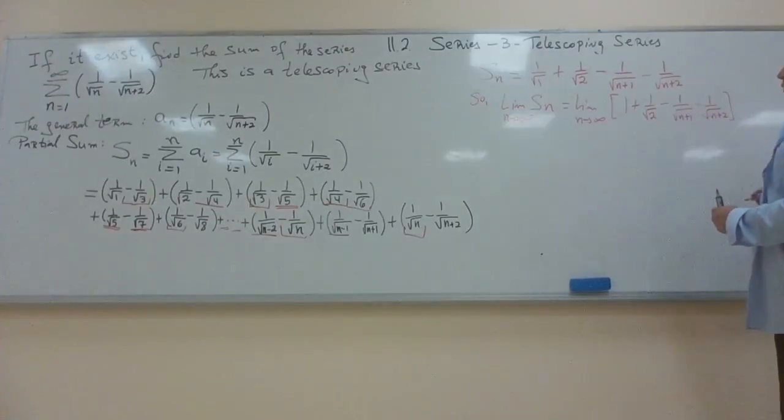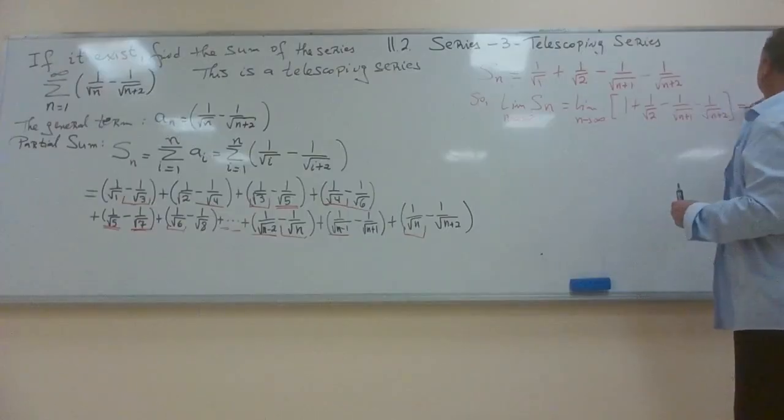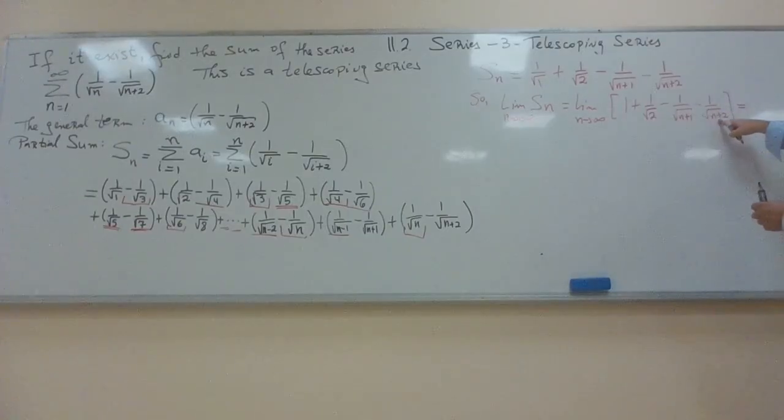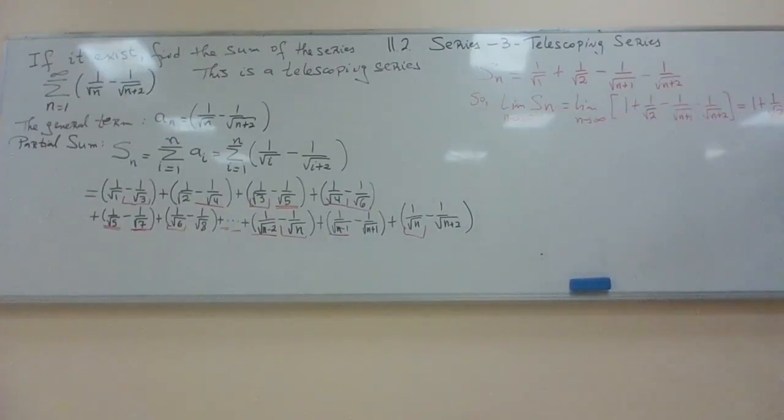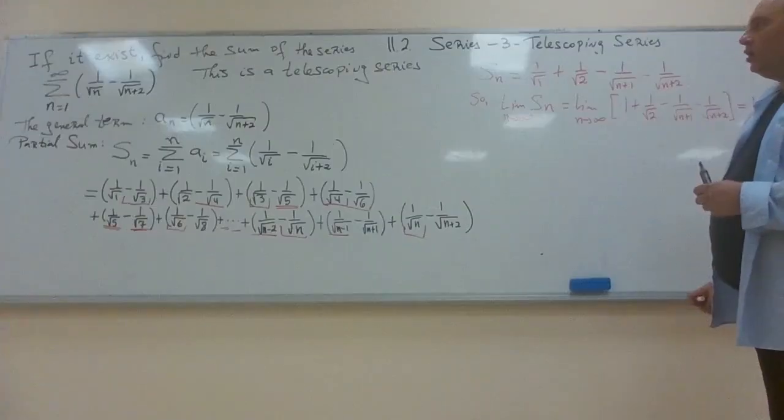So now obviously we take the limit, and the limit is, so this goes to 0, goes to 0, so we have 1 plus 1 over radical 2. We can put it as one fraction, or not, doesn't matter. So this is a fixed number, a real number. So the limit of partial sums is equal to a real number, a fixed number. So that means that our series is convergent.